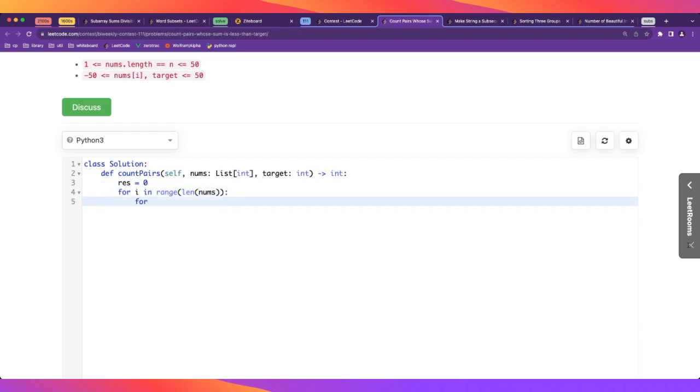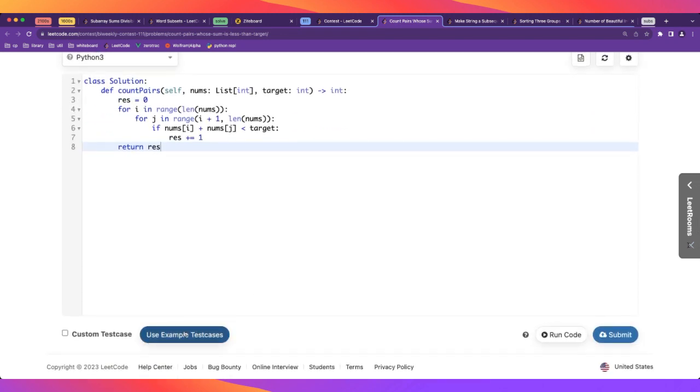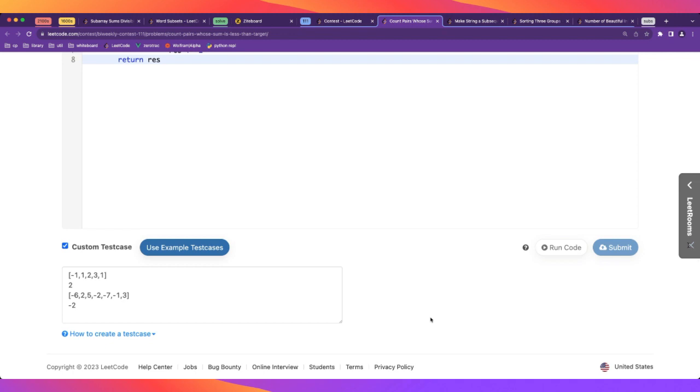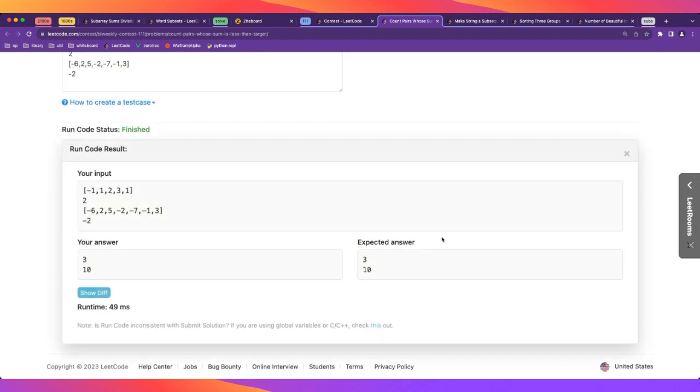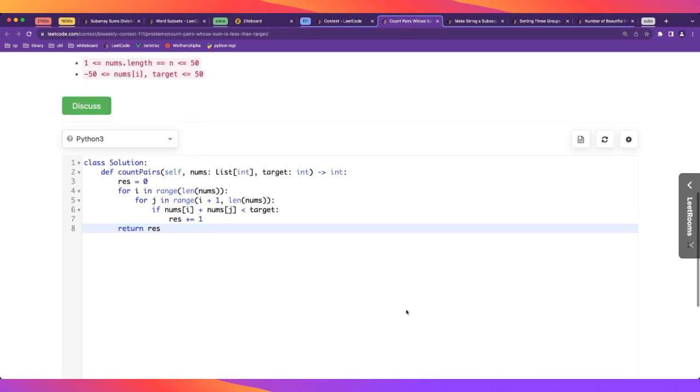So i from 0 to length of nums exclusive, and then j goes from i plus 1 up to the end, and we check that the condition is satisfied, and in that case we count it and we return the total. So this should work. I'm pretty confident. We solve the examples and accepted. Cool.